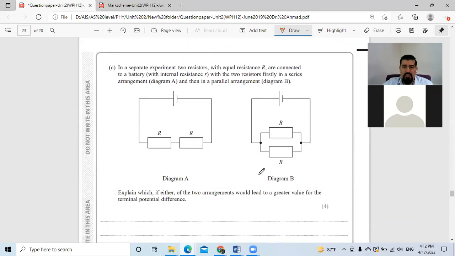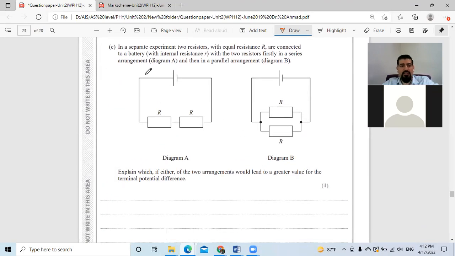Yes, you are welcome. Now, in part C, what do they ask here? In a separate experiment, two resistors with equal resistance R are connected to a battery with internal resistance R, firstly in series, as you can see in diagram A, and secondly in an arrangement in parallel as shown in diagram B. So in series, we have the same current and the voltage is shared.